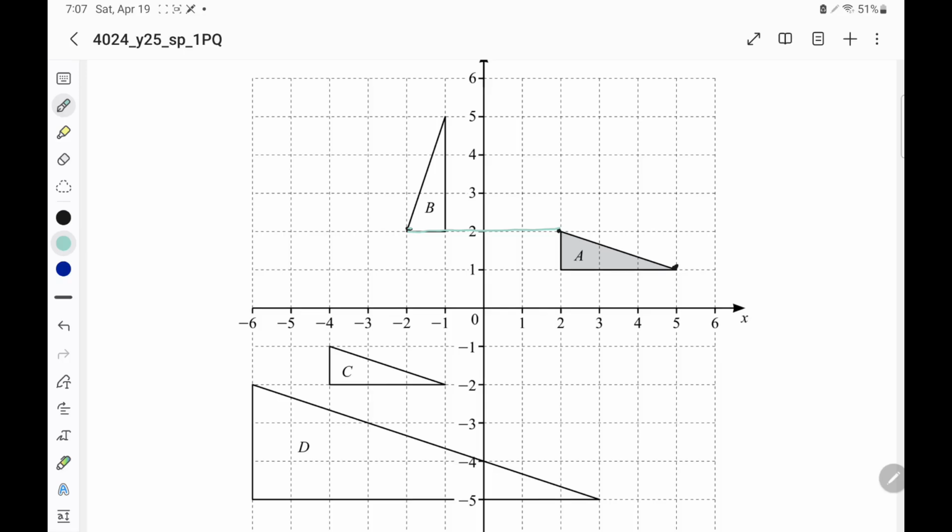So it means that can be the origin. Let's check, because it's coming in the formula of rotation as well. This one, minus 1, 5 will become 5, 1. And obviously they are non-parallel lines, so there is no reflection or translation.